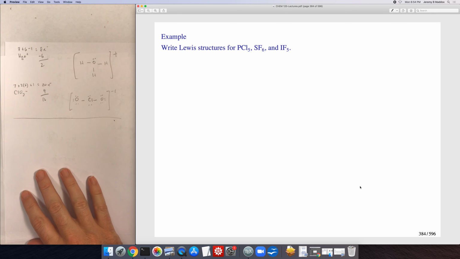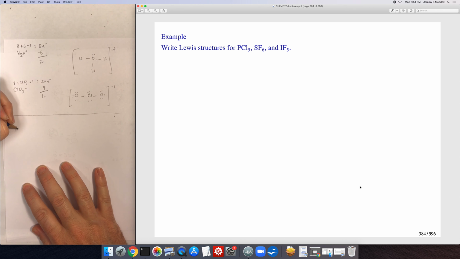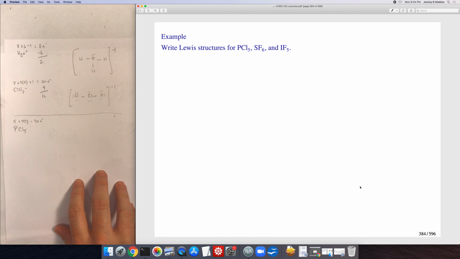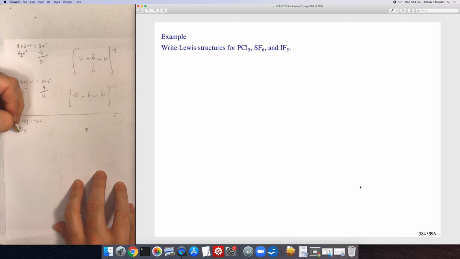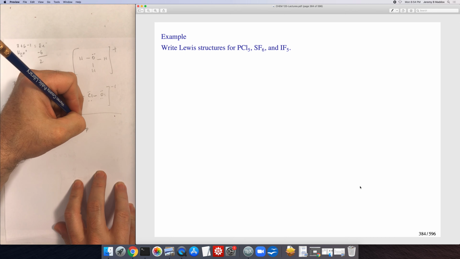So here we're looking at phosphorus pentachloride. Okay. Phosphorus has 5 valence electrons. Each chlorine has 7. So we've got a total of 40 valence electrons that need to be employed here. And so we've got phosphorus in the center, and then we're going to have 5 chlorines going around it.